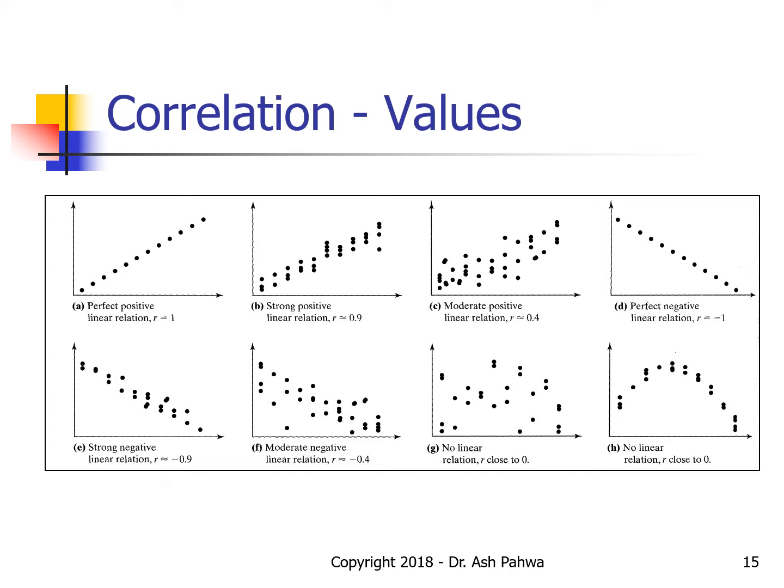Now in diagram C, we see that the value of R, which is a correlation constant, has dropped from 0.9 to 0.4, and we see that the relationship between X and Y values is not as strong. Then in diagram D, we have a very, very strong correlation, but in this case, the value of R is -1.